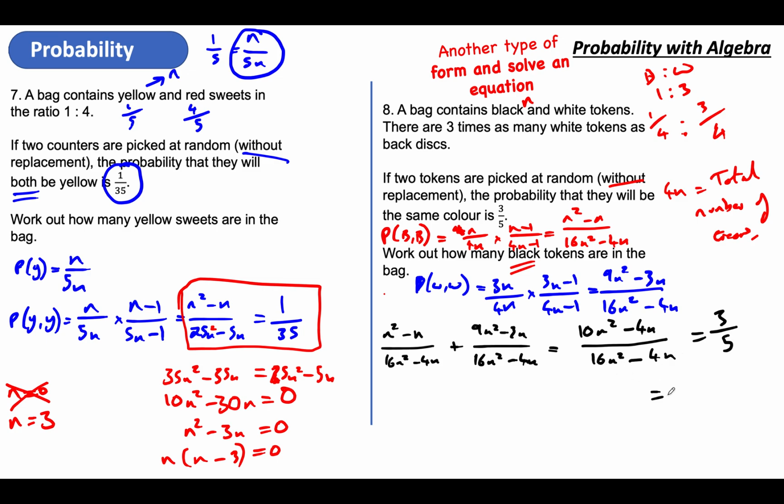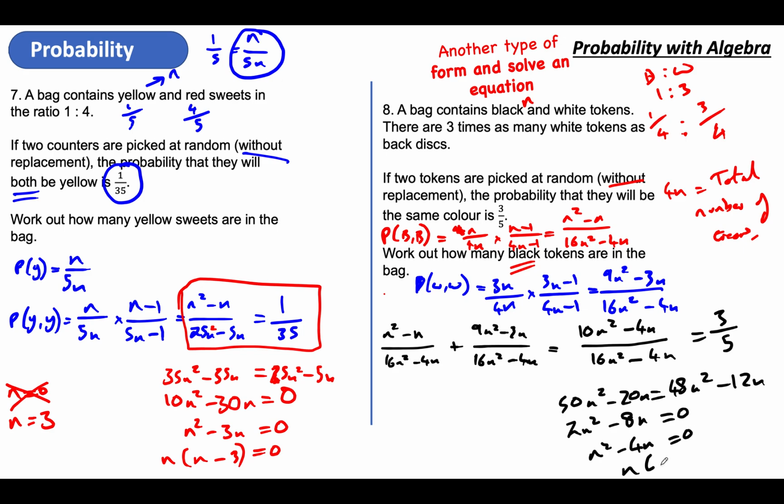Once you've done that, you end up with 3 times this, so 48n squared minus 12n. And this side you times by 5 to get 50n squared, take away 20n. Bit of rearranging, so let's take away 48n squared from both sides and add 12n to both sides. 2n squared minus 8n equals 0. Let's divide everything by 2, just to simplify it down.